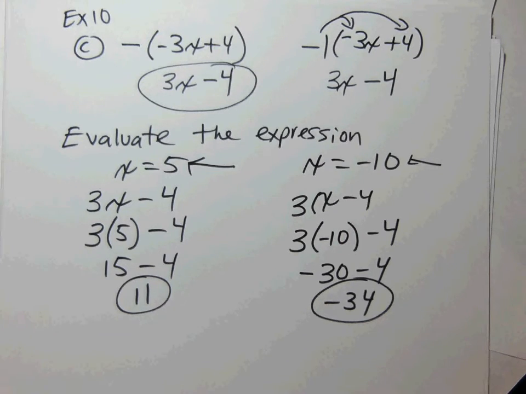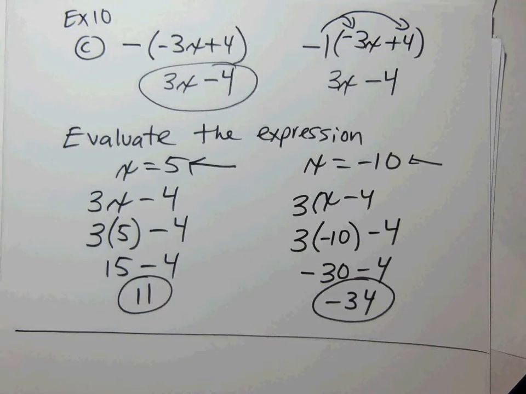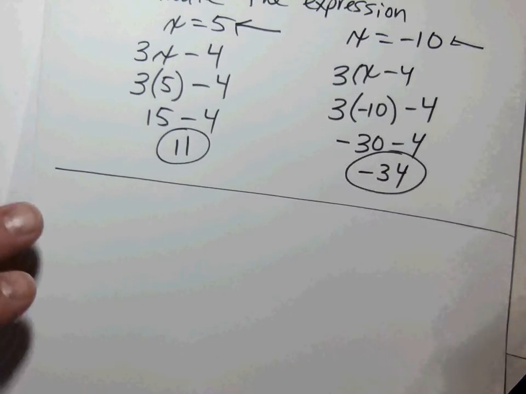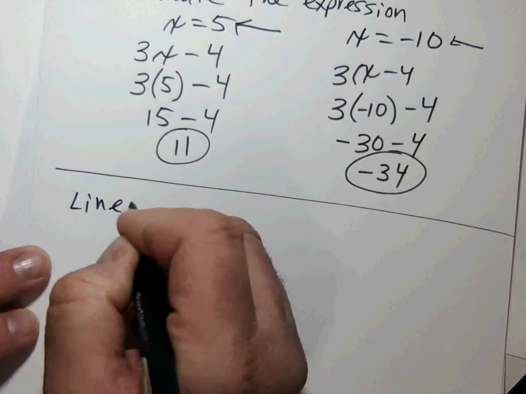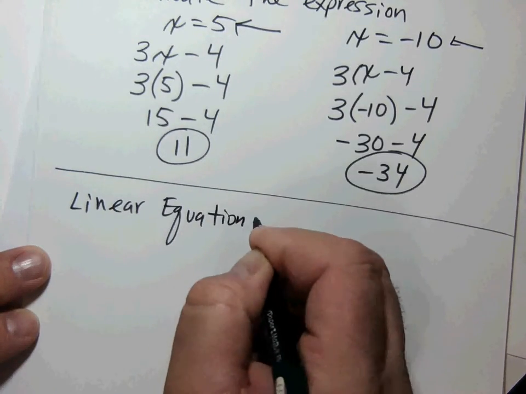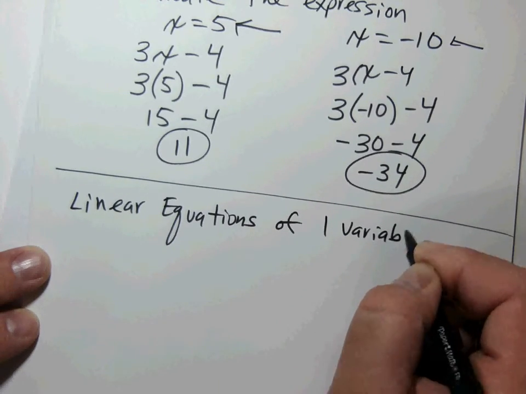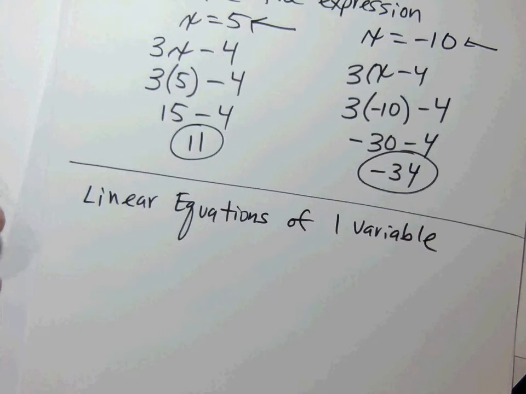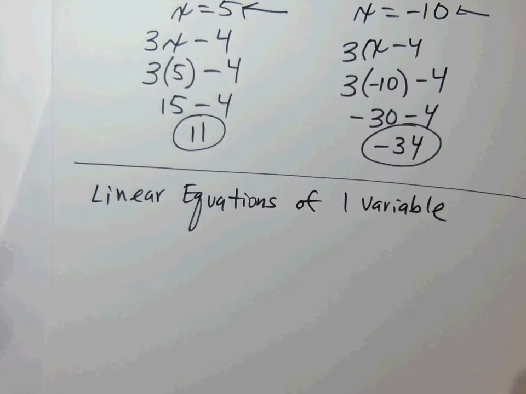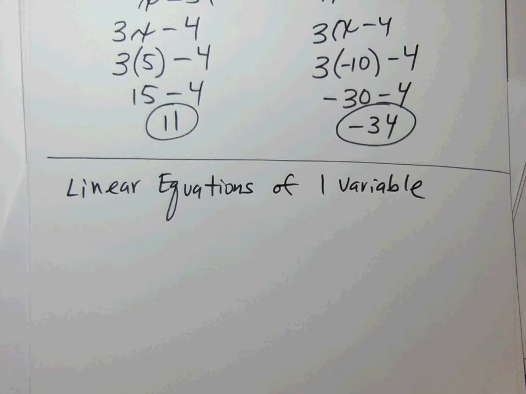But for an equation, there is a right or wrong. The types of equations we're going to look at right now are what's called linear equations of one variable. In linear equations of one variable, there's a couple exceptions to what I'm about to say, but for the most part, linear equations of one variable have exactly one solution.